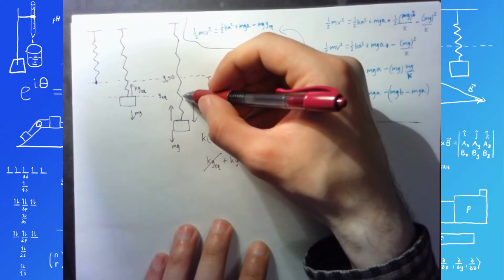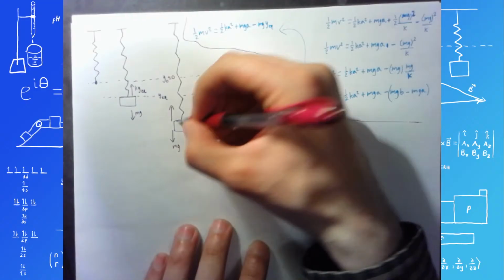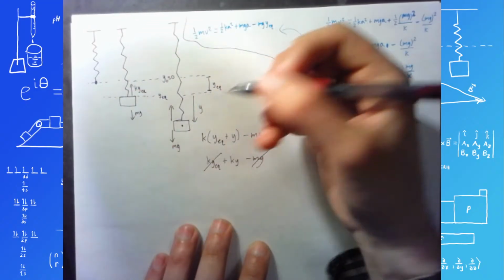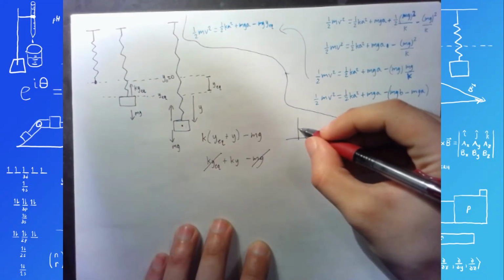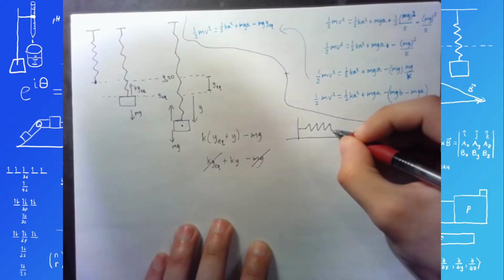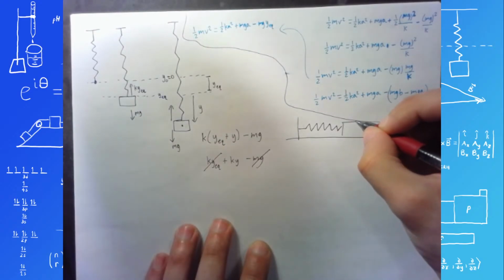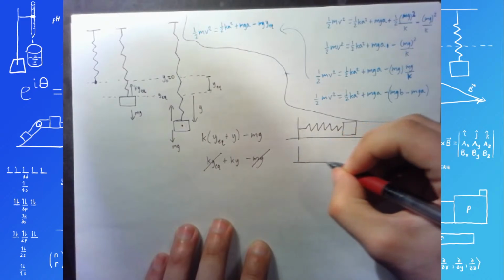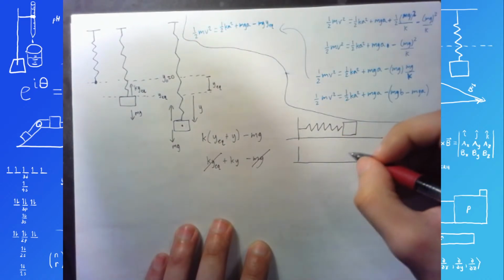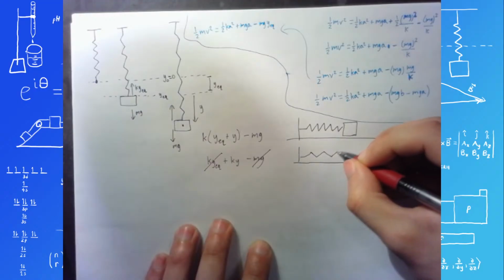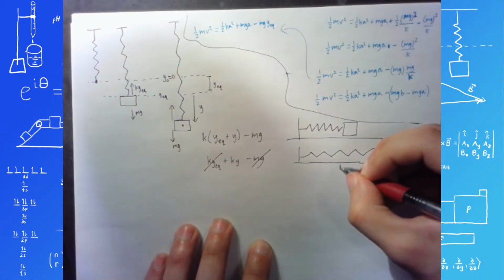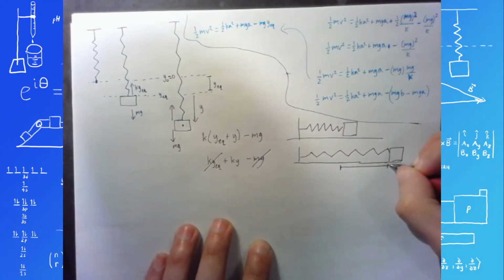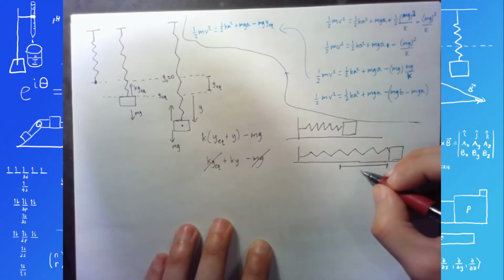The net force acting on this object when it's down here is equivalent to just a horizontal spring that was pulled by y meters from its rest position.